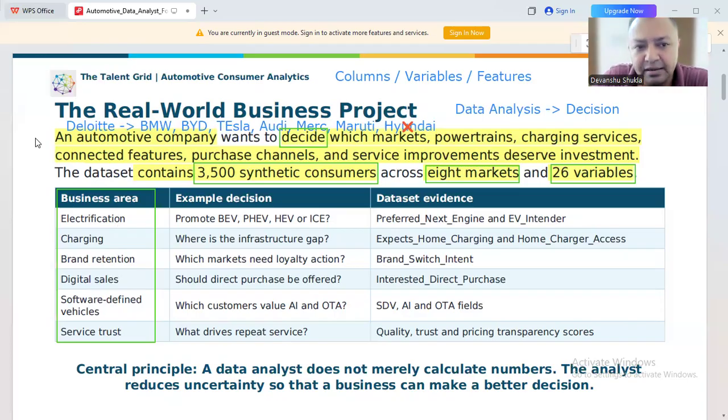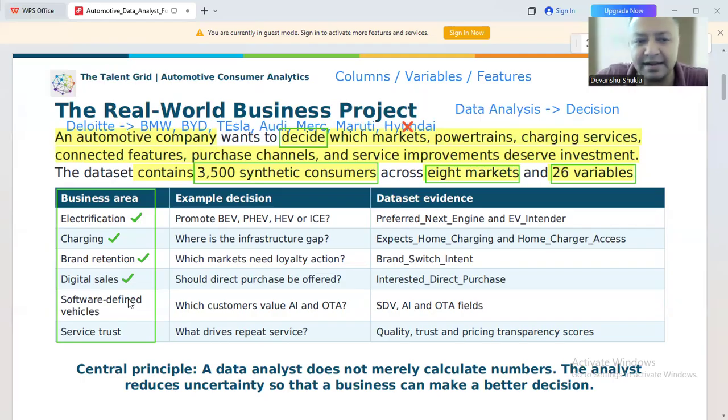The company Deloitte is helping would want to take decisions across electrification, charging, brand retention, digital sales. Digital sales means online sales, sales through Twitter, social media, and all of that.